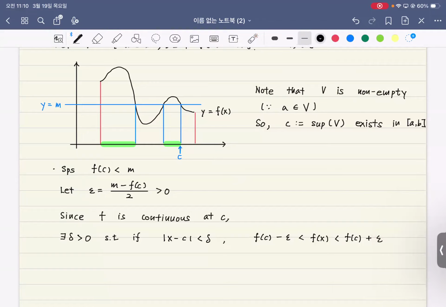Then it's going to be m plus f of c over 2. So this is simply the midpoint between m and f of c. But m is assumed to be greater than f of c, so this whole thing must be less than m.